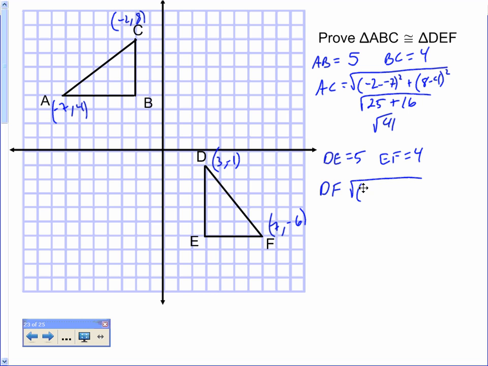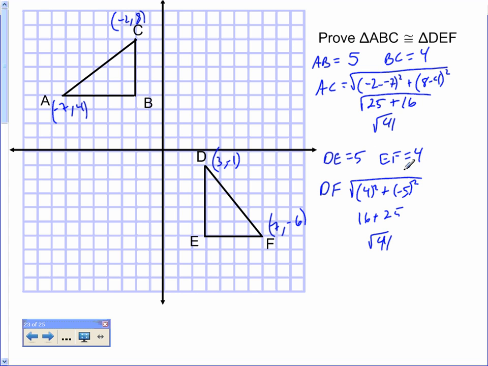So subtract my x's. 7 minus 3 is 4, squared. Subtract my y's. Negative 6 minus negative 1 is the same as plus 1, so that turns to negative 5, squared. So I get 16 plus 25 again, which is still the square root of 41.